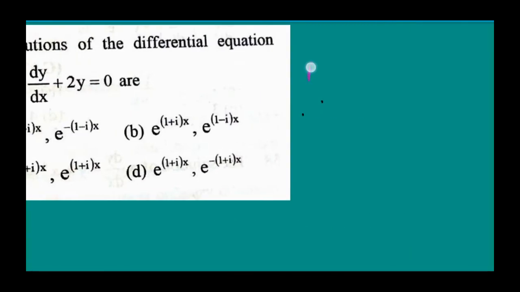The auxiliary equation is D square plus 2D plus 2 is equal to 0, and D is equal to minus b plus minus root of b square minus 4ac over 2a. So this will be minus 2 plus minus 2i by 2.